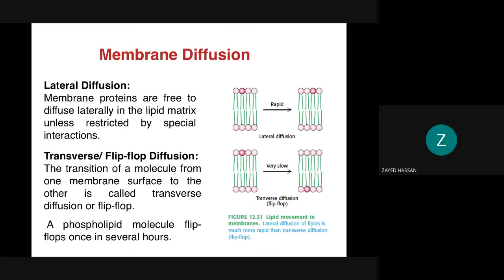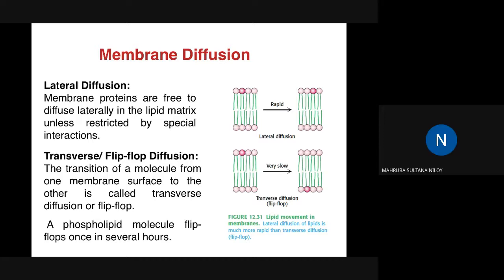So what happens in lateral diffusion? One can move to another side. Sir, could you please explain that again? What happens in lateral diffusion? One can move to another side.